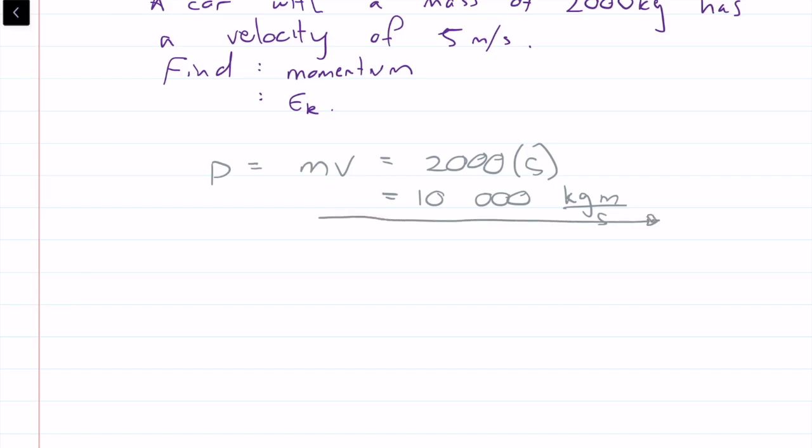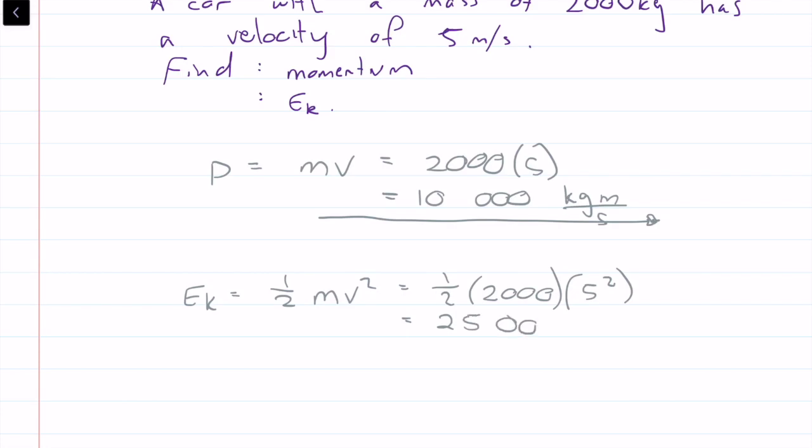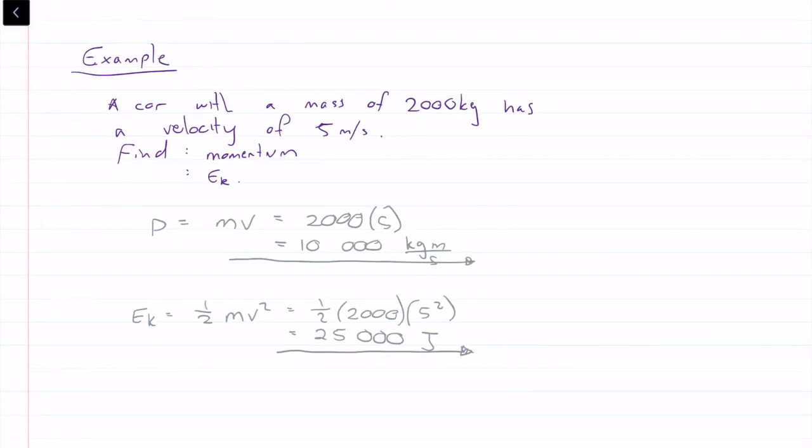And then the kinetic energy, EK, is equal to a half mass times the velocity squared, which is a half times 2,000 times our velocity, which is 5 squared. If we plug this into our calculator, we get a value of 25,000 units of joules.